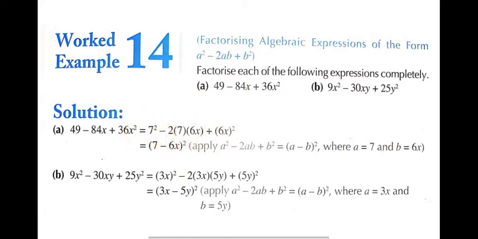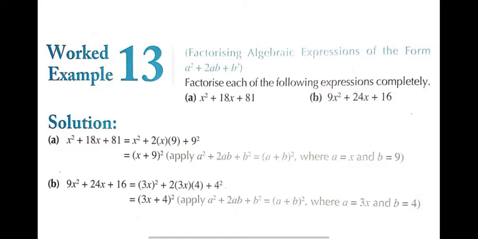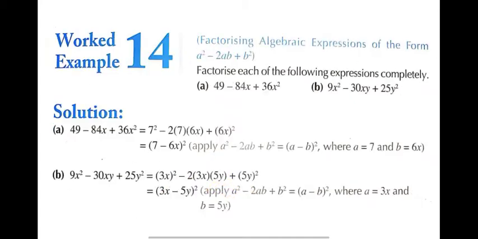So again, if you notice, after you divide the middle one by 2, you should always get the remaining two numbers, which are the same as the one at the front and the one at the back. See, 3x, 3x, 4, 4. Same thing. 7, 7, 6x, 6x. That way, you just take the first number and the last number.